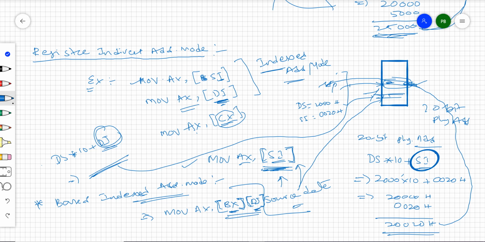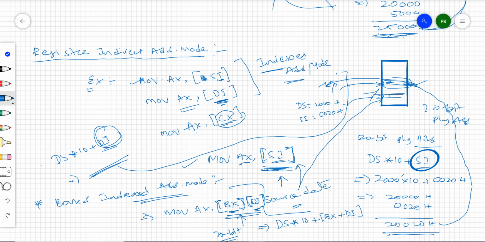Here, how is the 20-bit physical address calculated to access the source data? It is going to be calculated like this: DS times 10 plus BX data plus DI data.